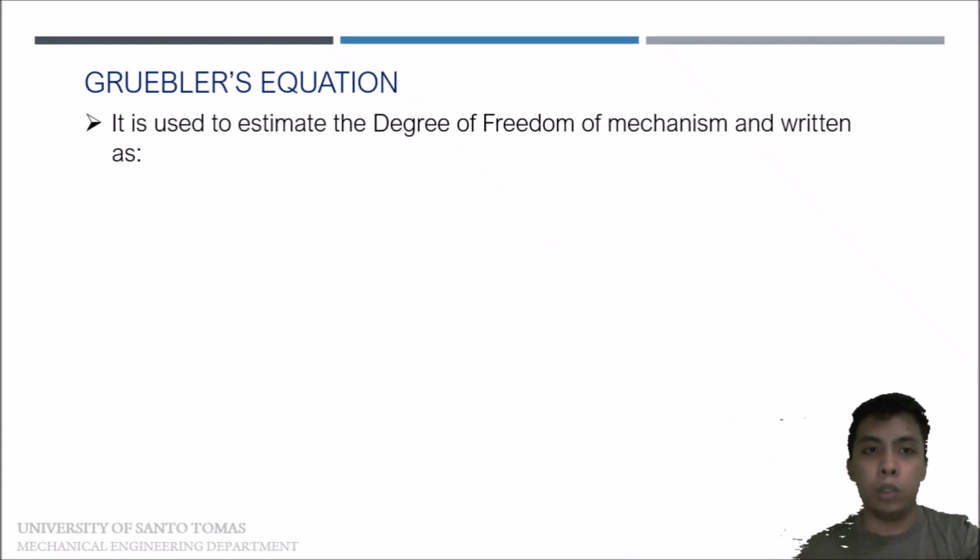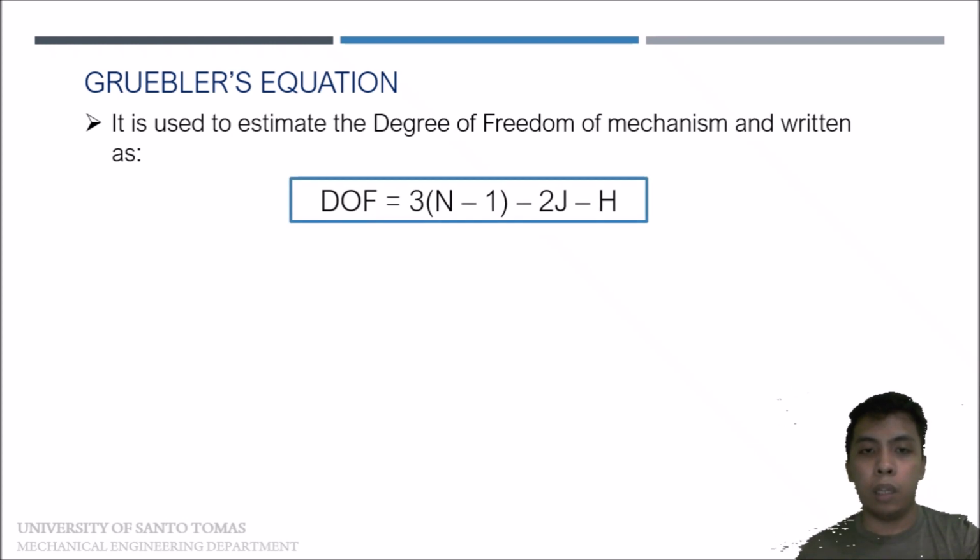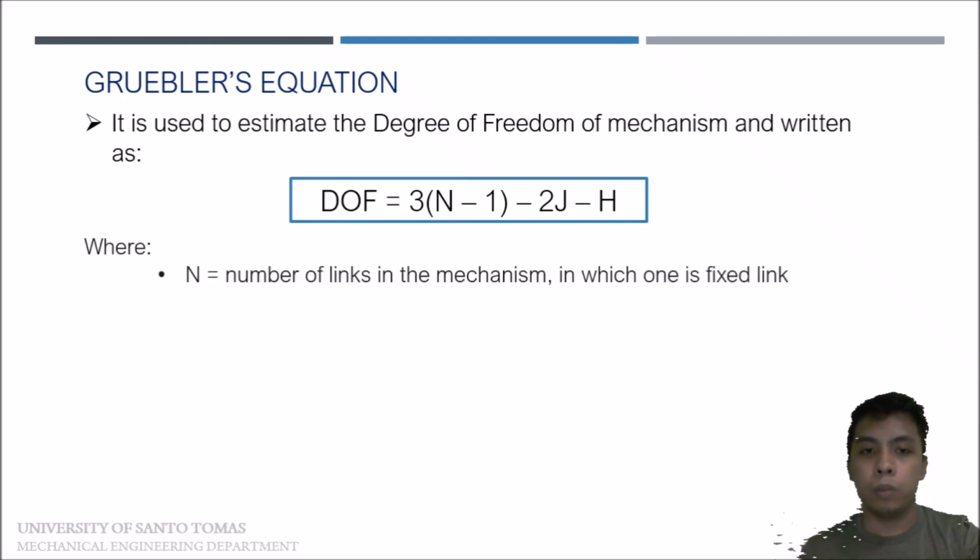So let's talk about Grubler's equation. Grubler's equation is used to estimate the degree of freedom of a mechanism and is written as DOF equals 3 times (n minus 1) minus 2j minus h. The n is the number of links in the mechanism in which one is fixed.